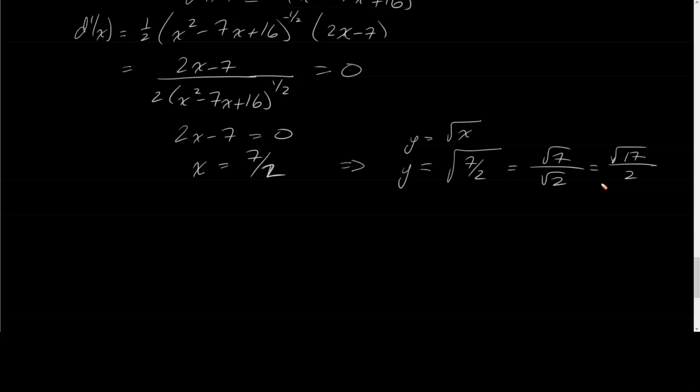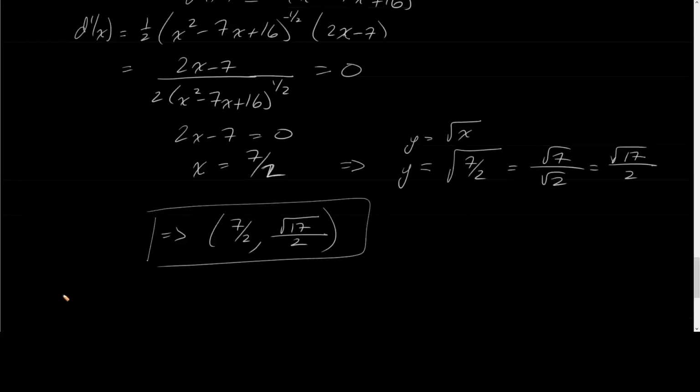So what we found is that the coordinate is 7/2 comma radical 14 over 2. That's the coordinate. That's the answer. And how do we verify it?